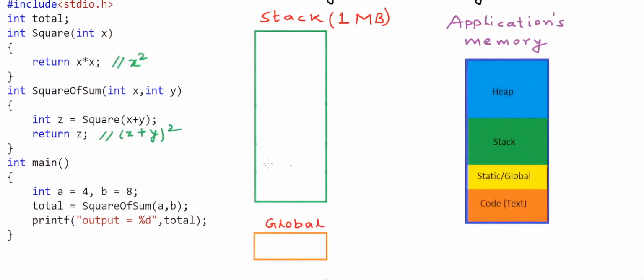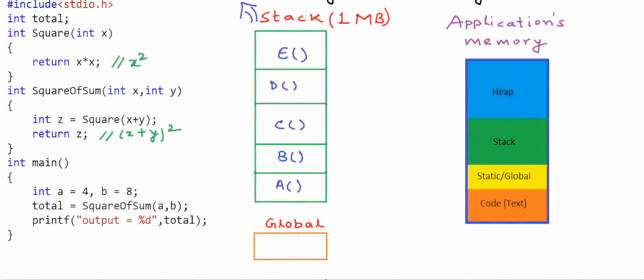And if our call stack grows beyond the reserved memory for the stack, like for example if a method A calls B, B calls C, and we go on calling and we exhaust the whole space reserved for the stack, then this is called stack overflow, and in this case our program will crash.